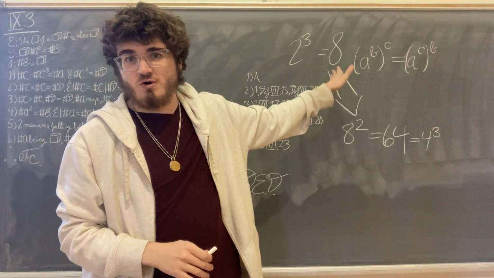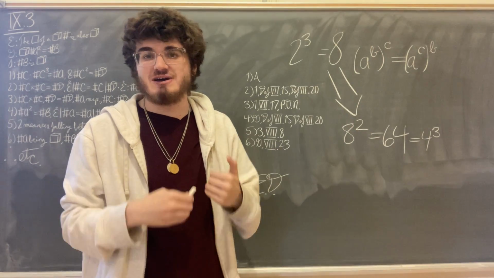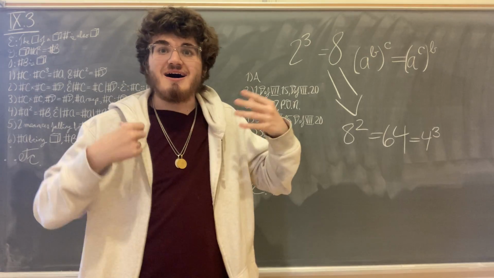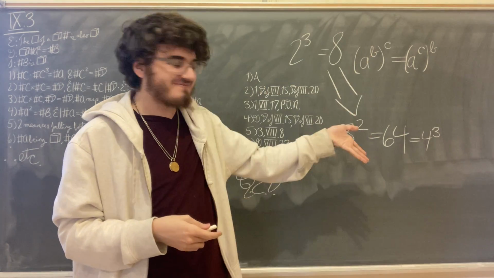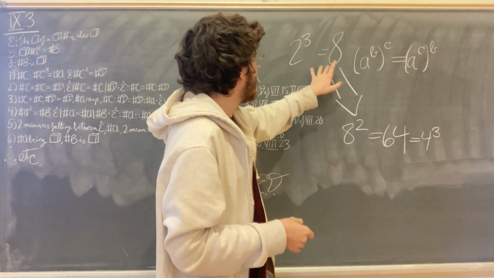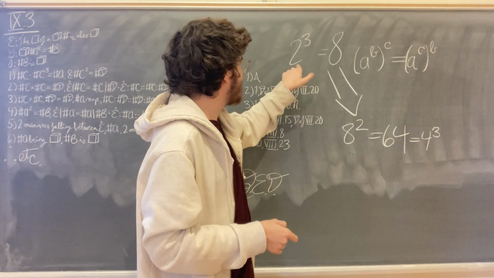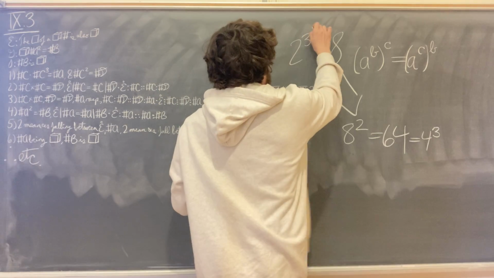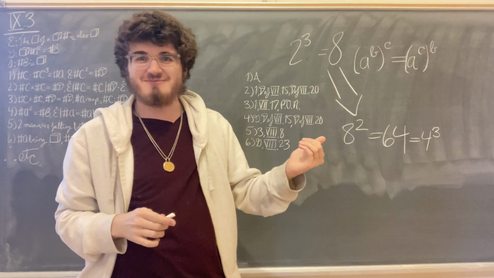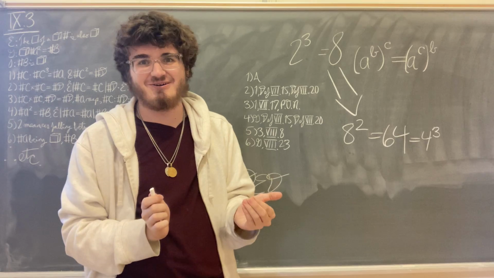Or in other words, the order of exponents is interchangeable. It is commutative. So it seems fairly obvious that the square of a cube number would also be a cube number, because this is the same as taking 2 cubed, raising this whole thing to a 2, which is the same as taking 2 squared and then raising that whole thing to a cube.